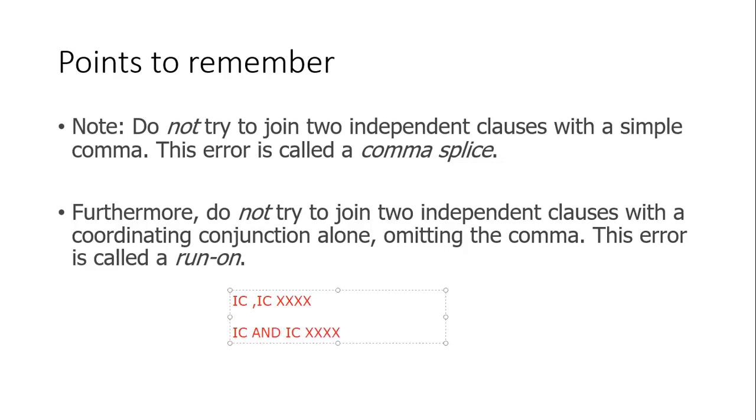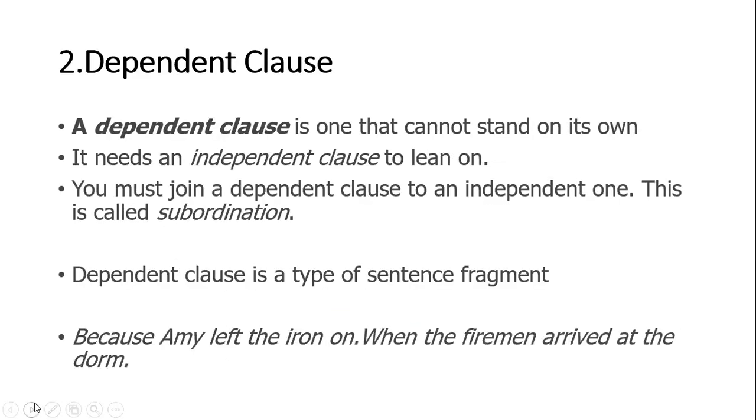You can't connect two independent clauses with a FANBOY alone, and even after the FANBOY you should put a comma. Otherwise it becomes a run-on. This is called a comma splice, and this is called a run-on sentence error. Be mindful of these things. You're not tested exclusively on run-ons, but when you're reading the sentence, you should look out for this.